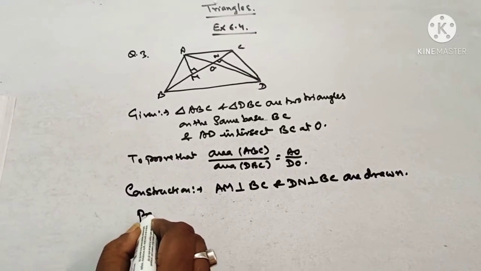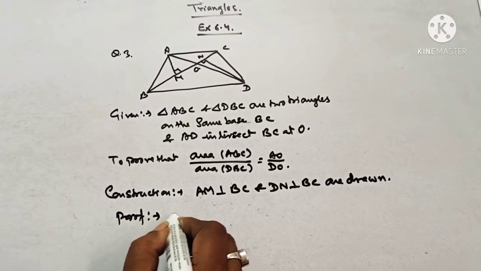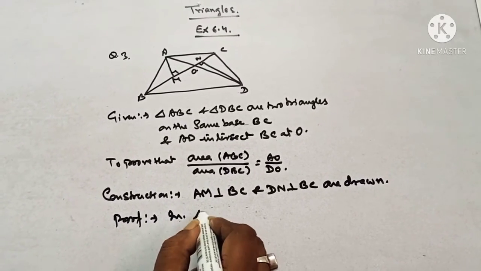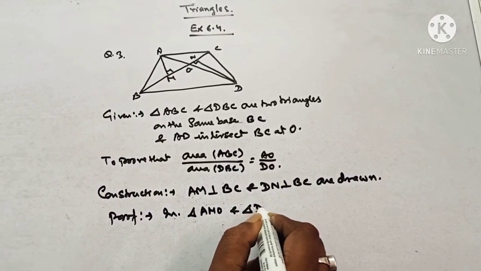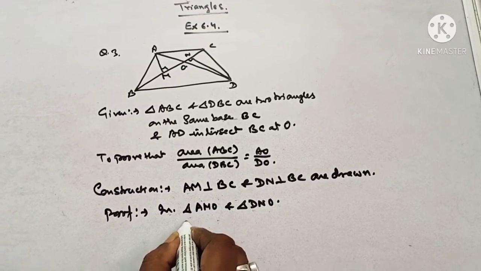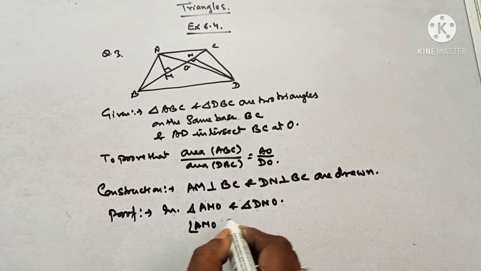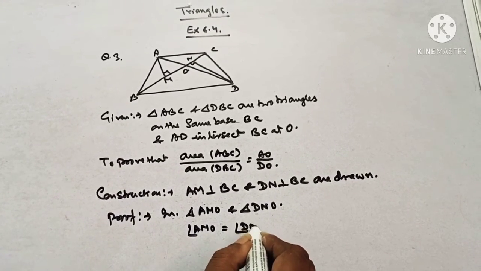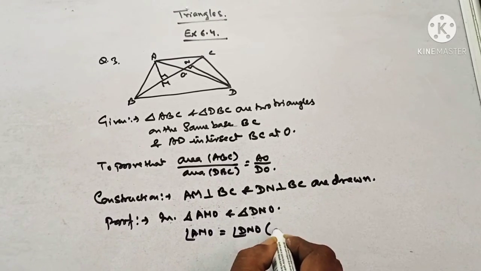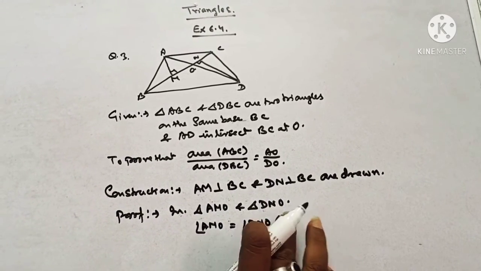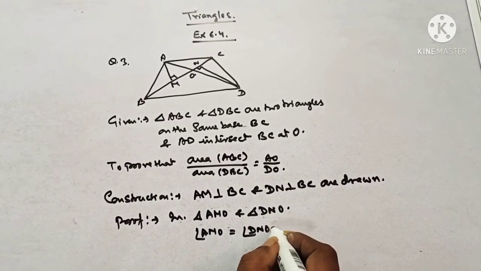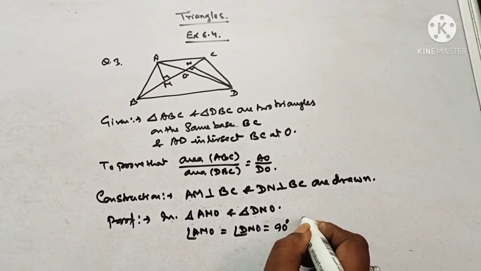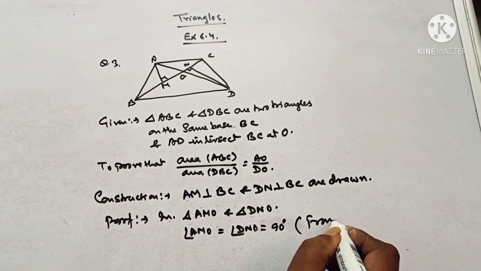Now proof: in triangle AMO and triangle DNO, angle AMO is equal to angle DNO. This is 90 degree, equal to 90 degree. This I have got from construction.